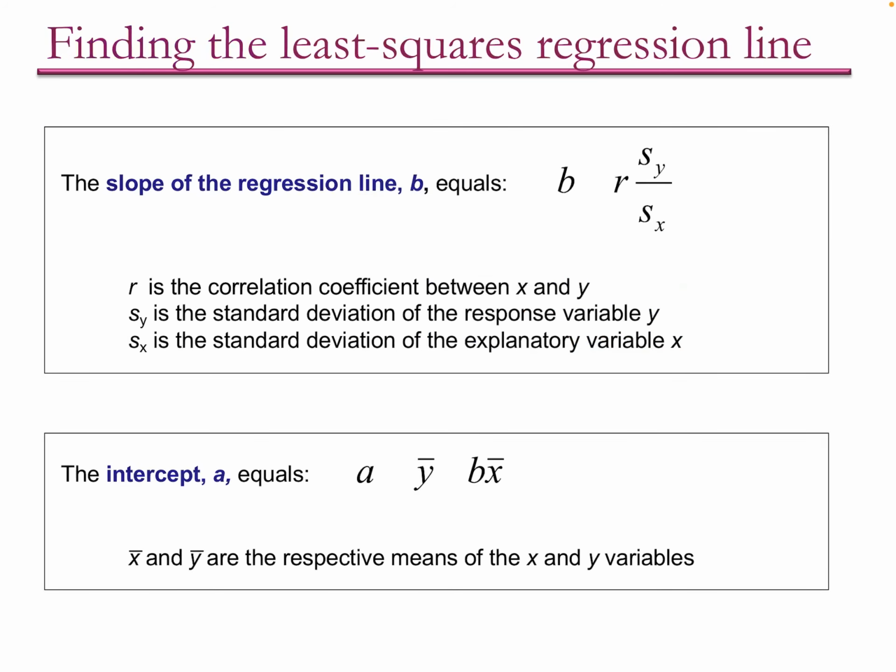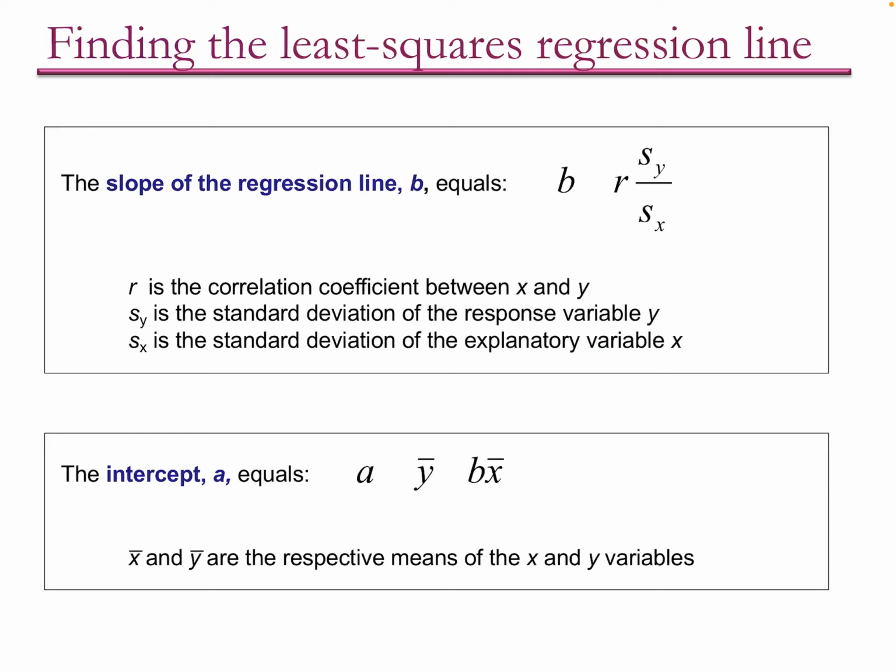Okay, so how do we calculate the slope of the regression line? Well, first of all, typically you can do this with a stats calculator, or you just let a software program like Minitab do that for you. But in a pinch, you can calculate it yourself.